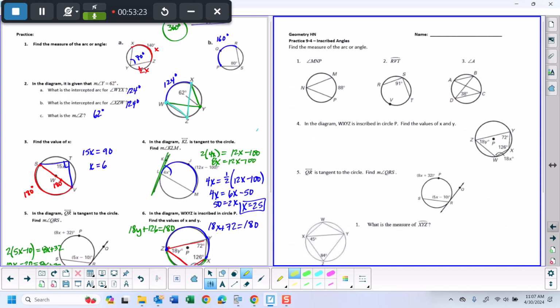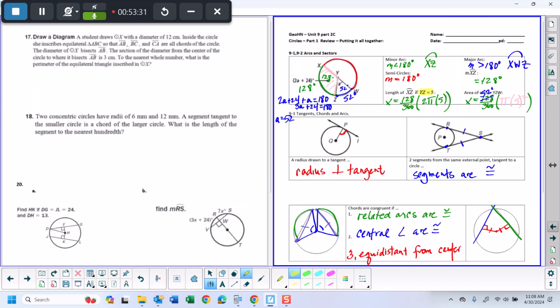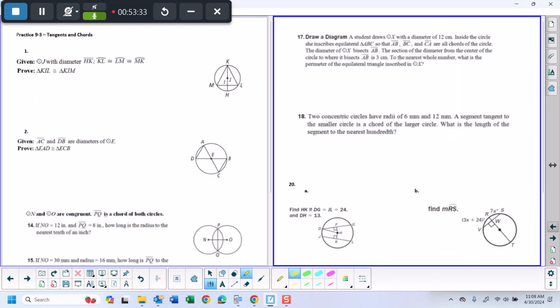So this page for homework, but I also want you to take the time to check your answers from last class's homework. So this homework on tangents and chords, I want you to take a look at. So you've got a Delta Math, and then you've got to go to Schoology to check your work, and then you have this page in the packet.